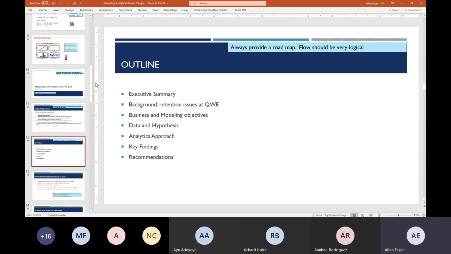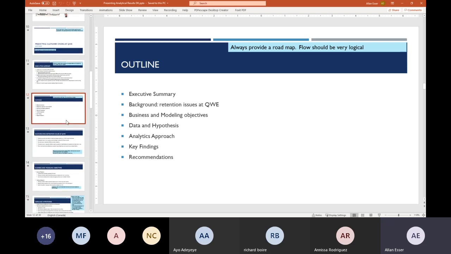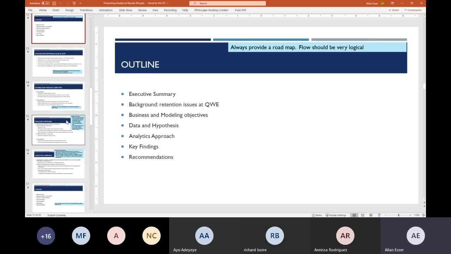So, talk a bit about the background, the presenting problem, the background in terms of the donations, and the specific business objectives of what you're modeling. So what is it that we're predicting? Why is that important? What's the benefit? How are we going to use it? And then you can go into the structure of how you did it, the findings, and the recommendations.